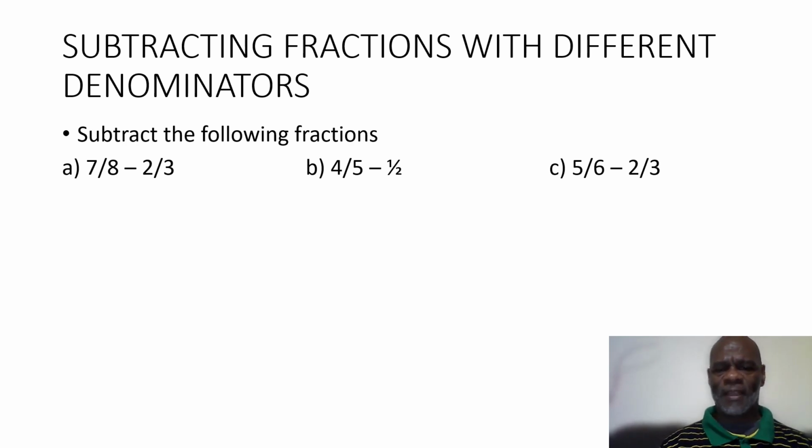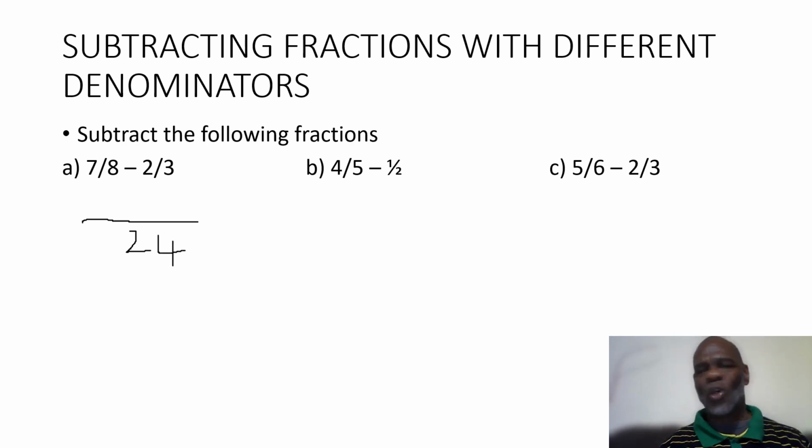So let's go ahead. The least common multiple of 8 and 3 is 24. 3 times 8 is 24. Good.